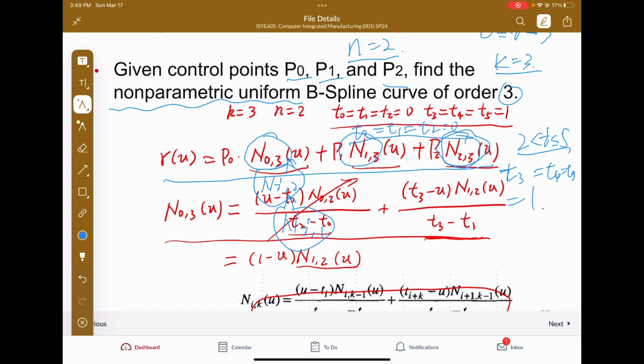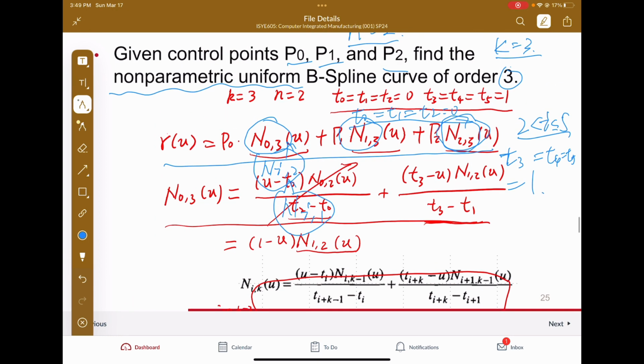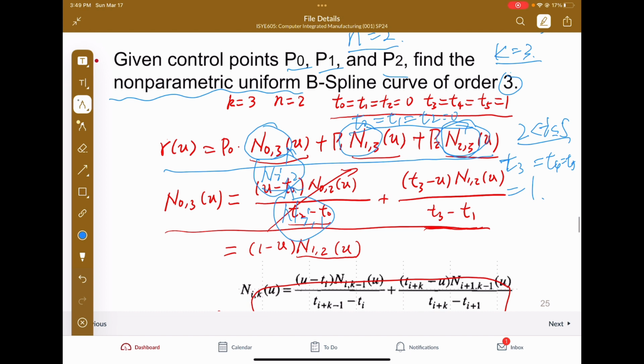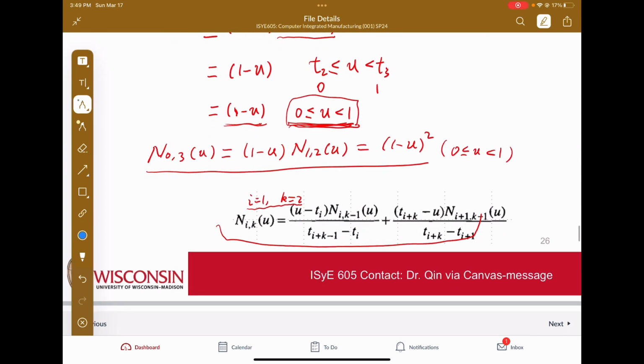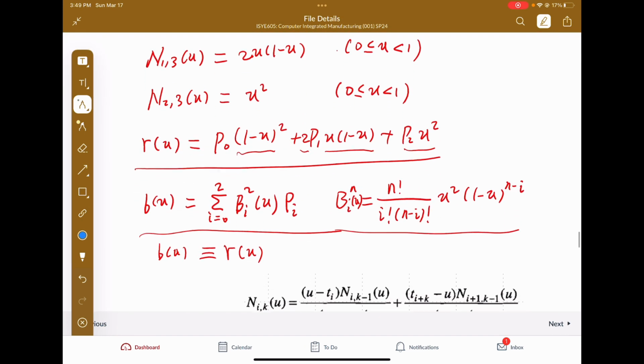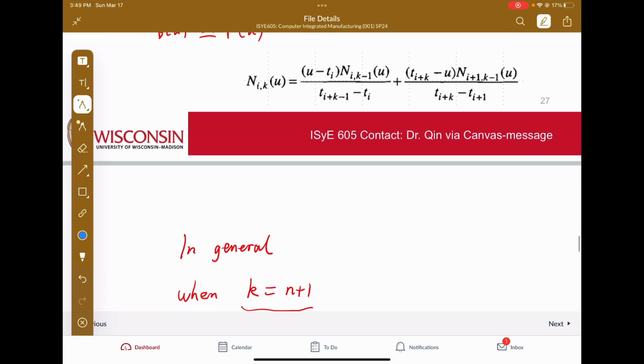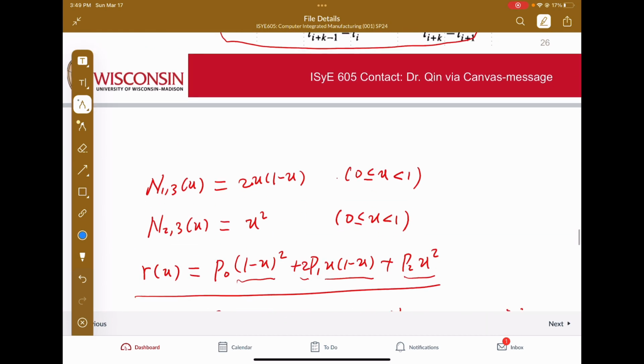And then just calculate step by step using those equations for the B-spline, to use Ni2 to represent Ni3, and to use the components of Ni1 to represent Ni2, and to get the final values. And it's a really long calculation, so I will not show it here.